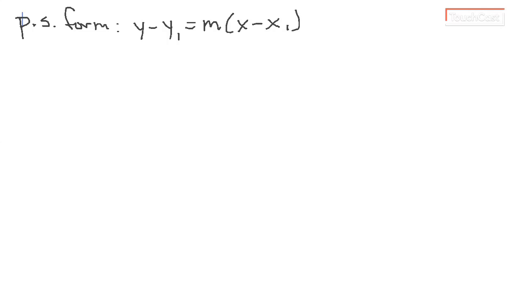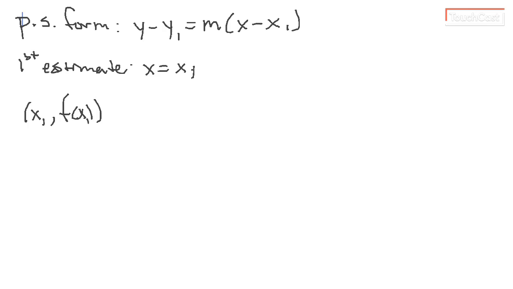We're going to start by saying our first estimate, we're going to let x equal x1. So then, if we allow a point to be x1, f of x1, where the f of x1 is a y value, we can plug that into our point-slope form.